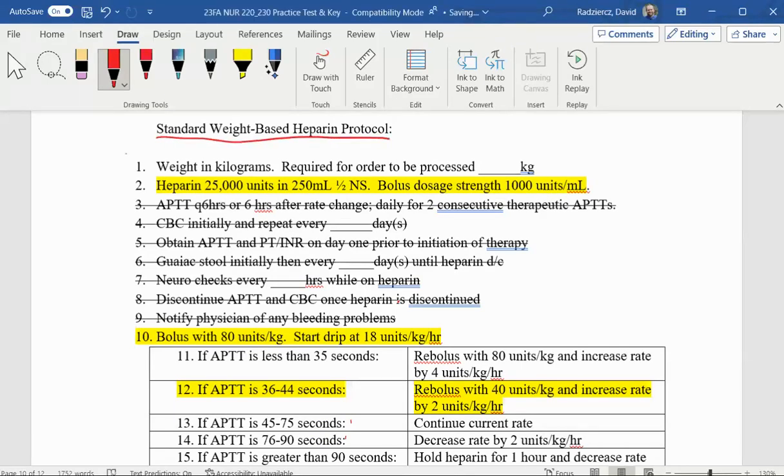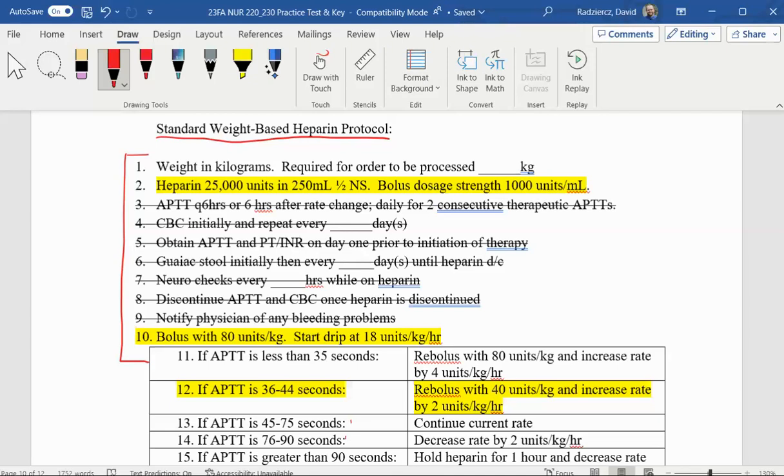I should have put a box around this, basically indicating that this is the heparin protocol. Like you would see it as a poster somewhere in the room in the heparin unit or the heparin ward or whatever. I know it's more like cardiac. This is for preventing clots, but it would be posted somewhere to indicate this is the protocol, what we're following.